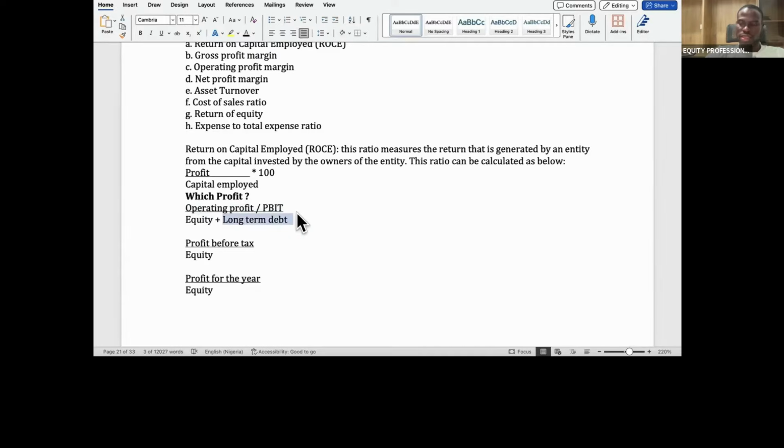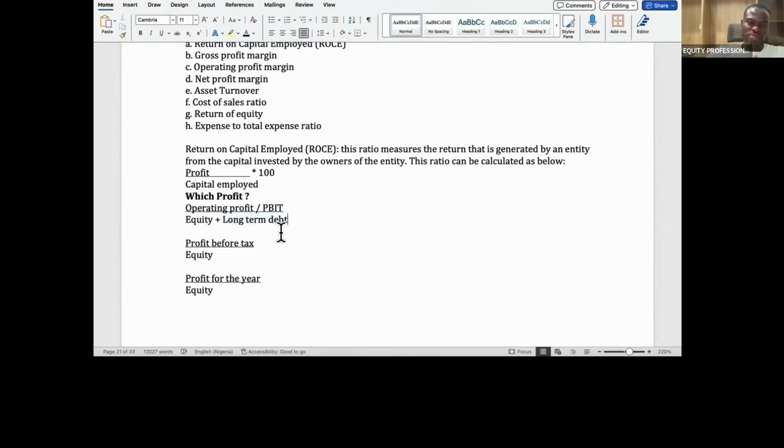The debts that you often pay interest to are majorly long-term debts, though some short-term debts could fall in at times, such as a short-term loan or bank overdraft. But basically, you would find it is long-term debt. So on no account should you use just equity here.